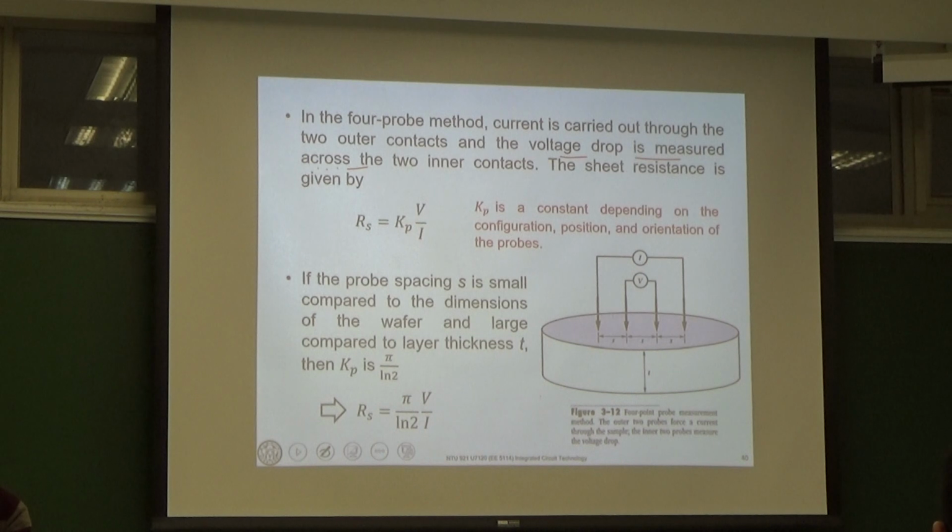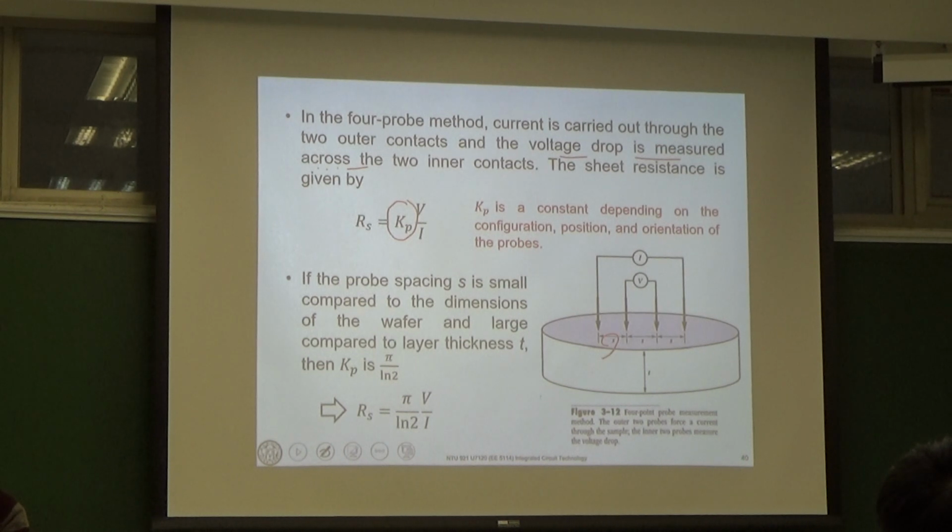And we have a constant Kp. This constant Kp depends on your configuration, your position, sometimes the thickness of your wafers. For example, if we have a 4-probe configuration like this, the distance between 2 probes is S, a spacing.